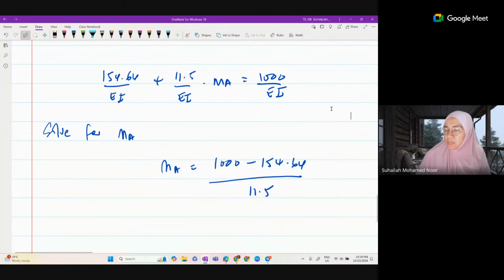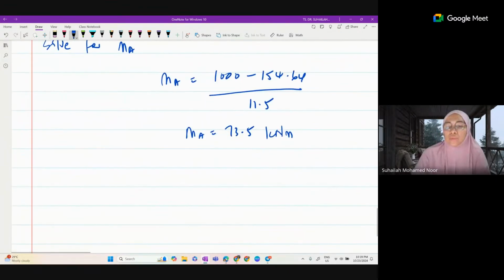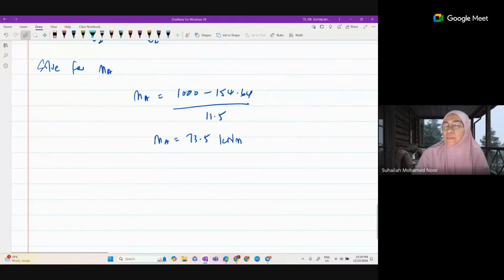What is the answer? In unit kilonewton meter, 73.5 kilonewton meter.